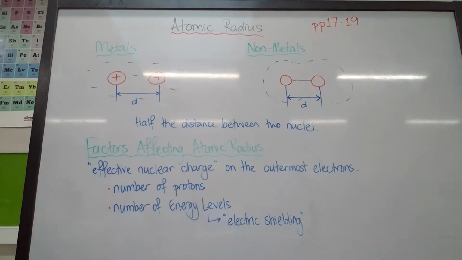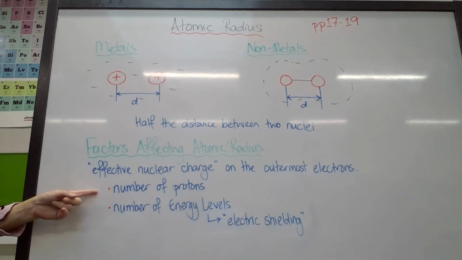So what is effective nuclear charge? It comes down to two things. It is the number of protons. The more protons that you've got, the bigger the nuclear charge. So carbon has a bigger nuclear charge than boron, which has a bigger nuclear charge than beryllium, and so on. So the number of protons is going to determine how big our nuclear charge is.